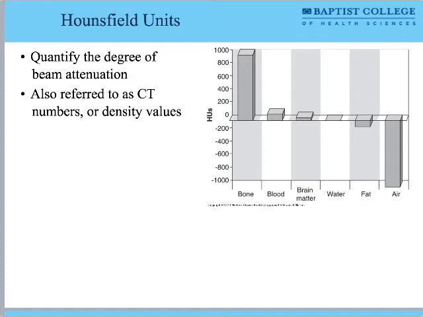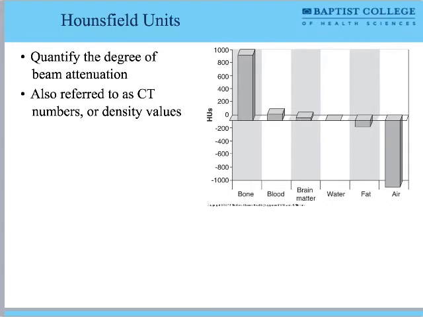Anything that attenuates less than water will be negative on the Hounsfield scale. So one of the weird ones, fat, is negative on the Hounsfield scale. Well, how is that the case? Well, fat floats on water, right? So it attenuates less than water. It's negative on the Hounsfield scale. Air is very negative on the Hounsfield scale, like negative 1,000 would be room air.